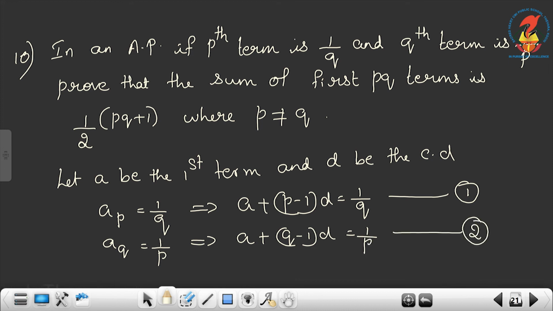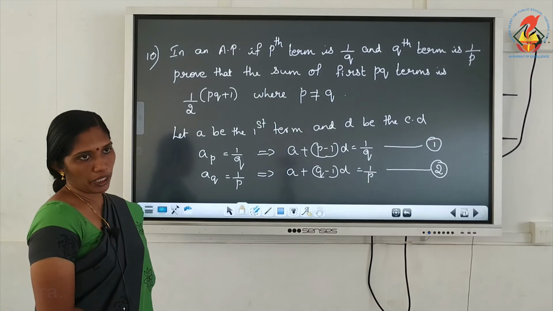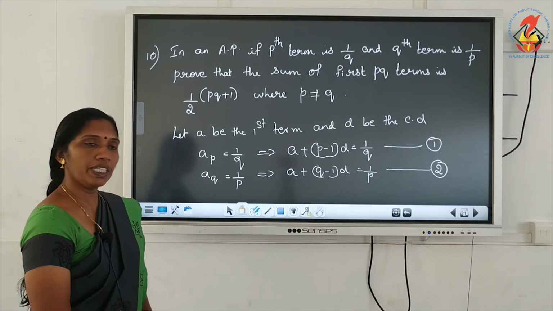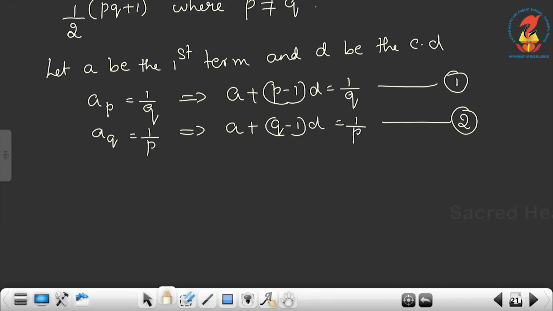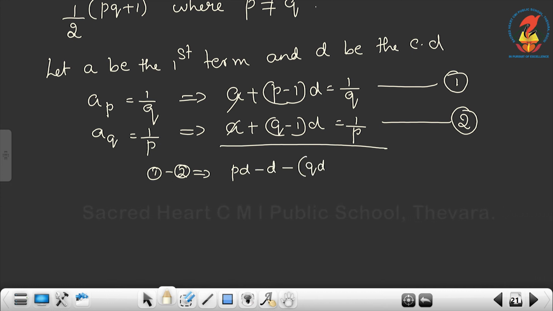We have to find SPQ. So for finding SPQ we need first term and common difference. So now you subtract. 1 minus 2 implies A and A cancel. Open the bracket, then subtract. PD minus D minus QD minus D. So D and D cancel.